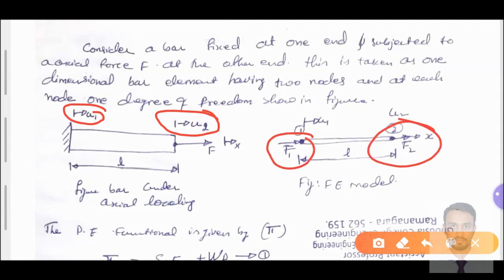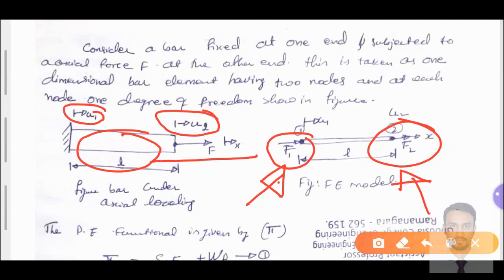Why do we take f1 and f2? Because we are representing the bar element in terms of an FE model. Later, when we solve a problem, we will say f1 is equal to 0.